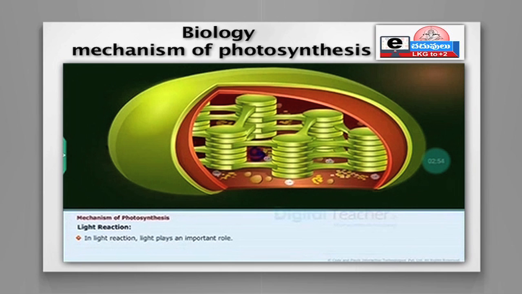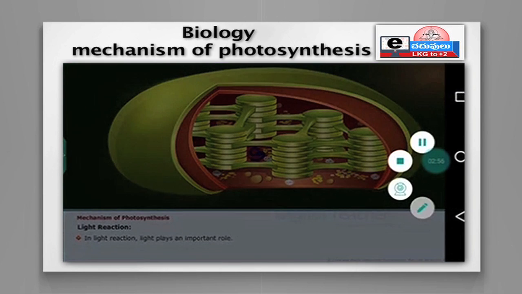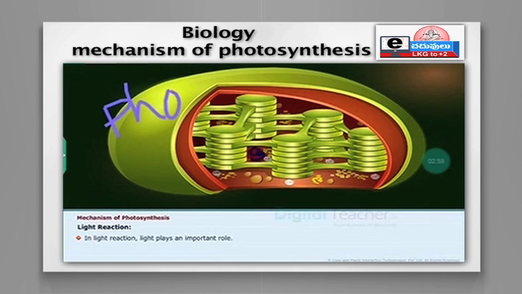The light reaction is also called the photochemical phase. What is another name? The light reaction is also called the photochemical phase or light dependent reaction. It is also called the Hill reaction, because this reaction was discovered by the scientist Robert Hill.